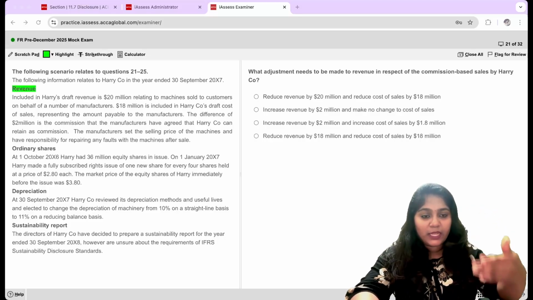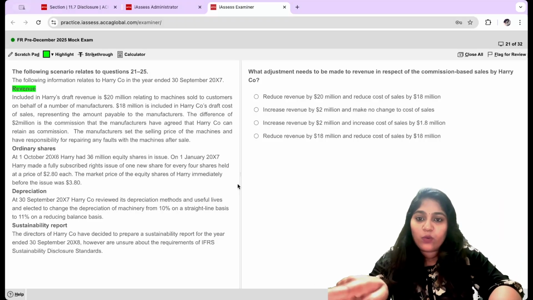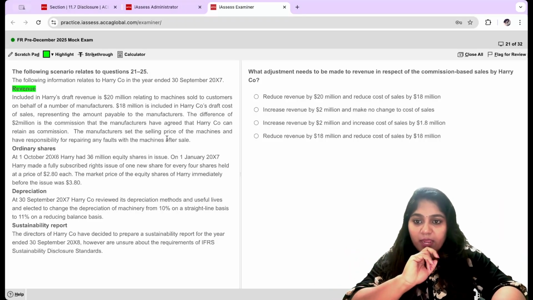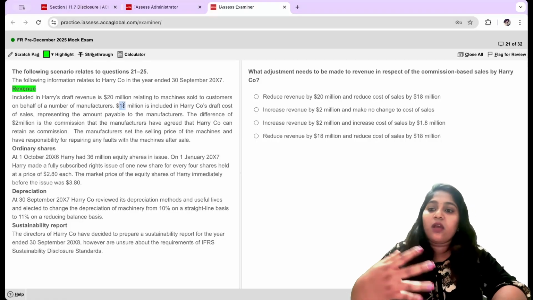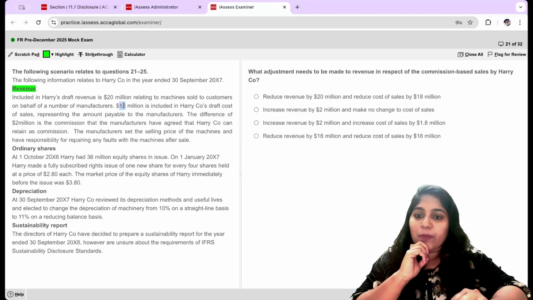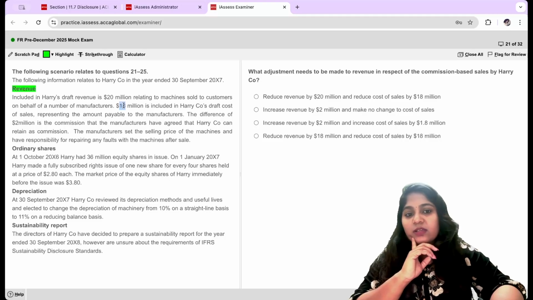They are the ones bearing the risk; I'm just an agent, they are the principal. But what I have done is considered 18 million in cost of sales, representing the amount payable to the manufacturers. The difference of 2 million is the commission that the manufacturers have agreed Harry Company can retain.